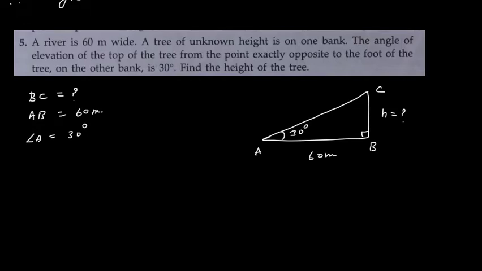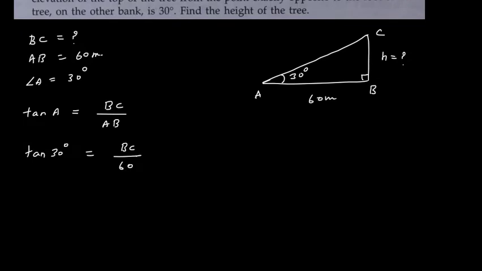Okay. Now you know that tan of angle A is BC upon AB. Tan of angle A means tan of 30 degree. It equals BC upon AB, which is 60. So from here you can find the value of BC.